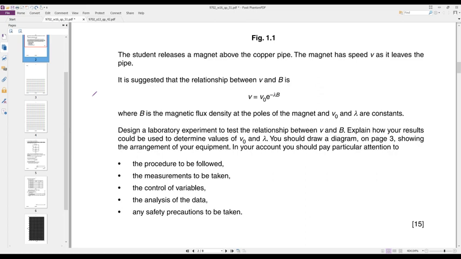So, what are they fundamentally asking for? We've got a magnet falling down a copper pipe, with V as it leaves the pipe, and it's suggested that we have this relationship. Design an experiment to test the relationship between V and B.